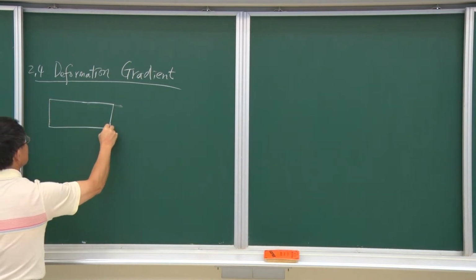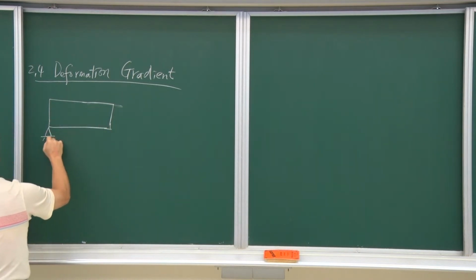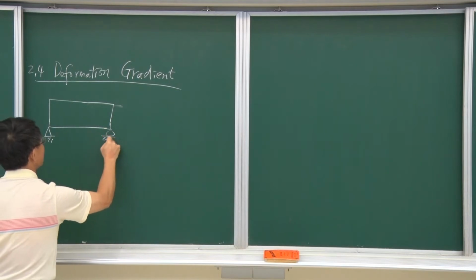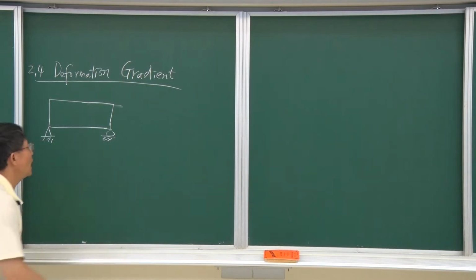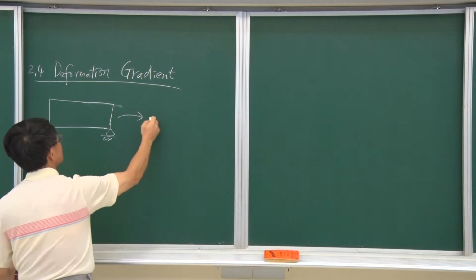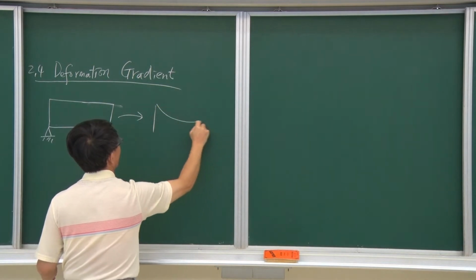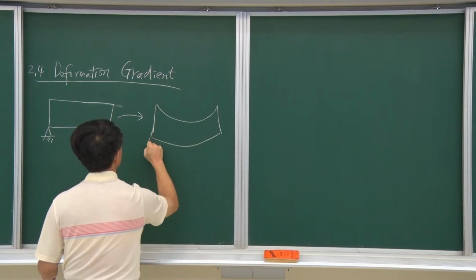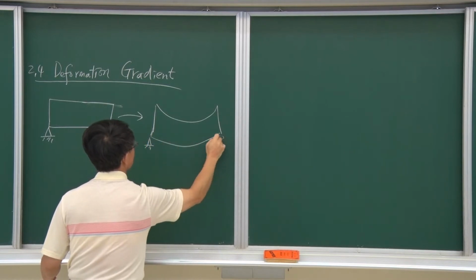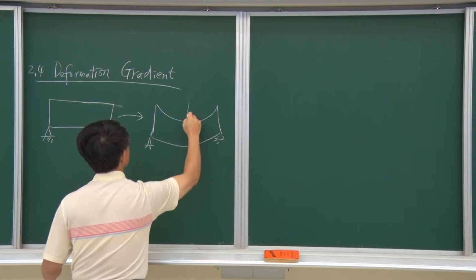I always like to use the simple beam because those students in civil engineering are quite good at this model. So I like to use this model to illustrate our idea. Okay, the beam will be deformed by some loading.